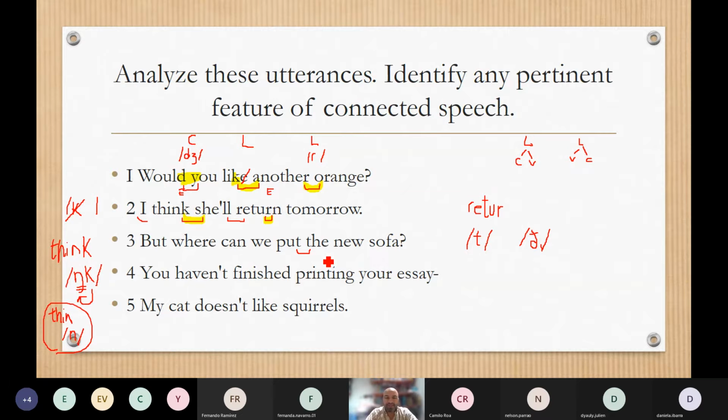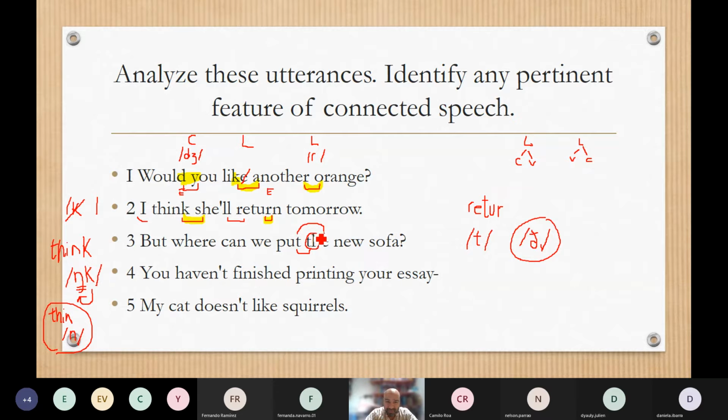So if we elide the second one, we have to say pute. Where can we put a new sofa? So we go from t to uh. Where can we put a new sofa? Because we're eliding this one, we're getting rid of the sound.